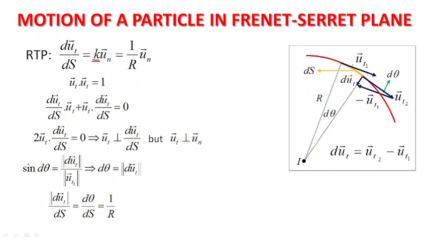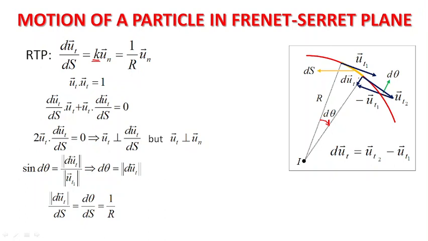Now, dut equals ut2 minus ut1. We translate ut1 to this point and we reverse its direction. d theta represents the angular displacement. Now, by using the geometry of the figure, this angle d theta is equal to the angle between ut2 and minus ut1.